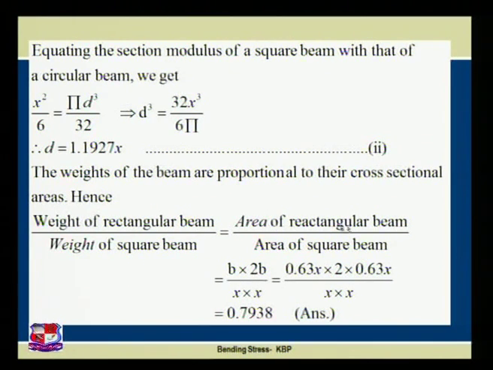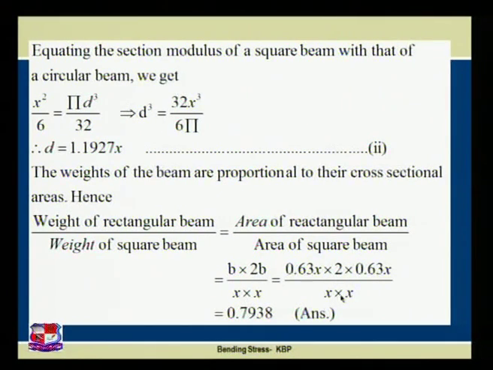What will be the area of the rectangular beam? That is B into D. D is twice B, so 2B square, divided by the area of the square beam, that is x into x, x square. We already know that B is equal to 0.63x. Replacing here, 2b square becomes 2 into 0.63 bracket whole square divided by x square.